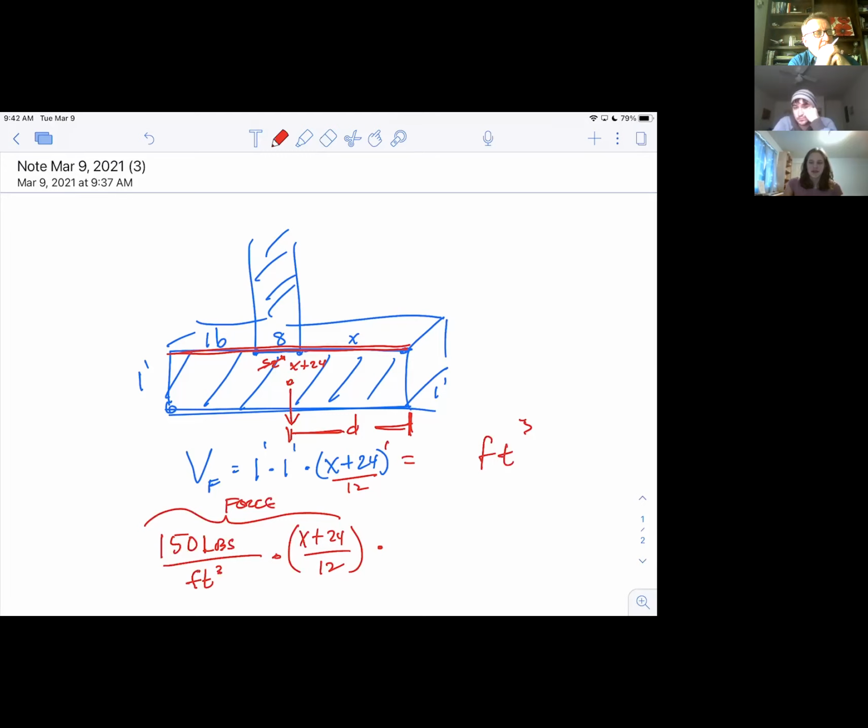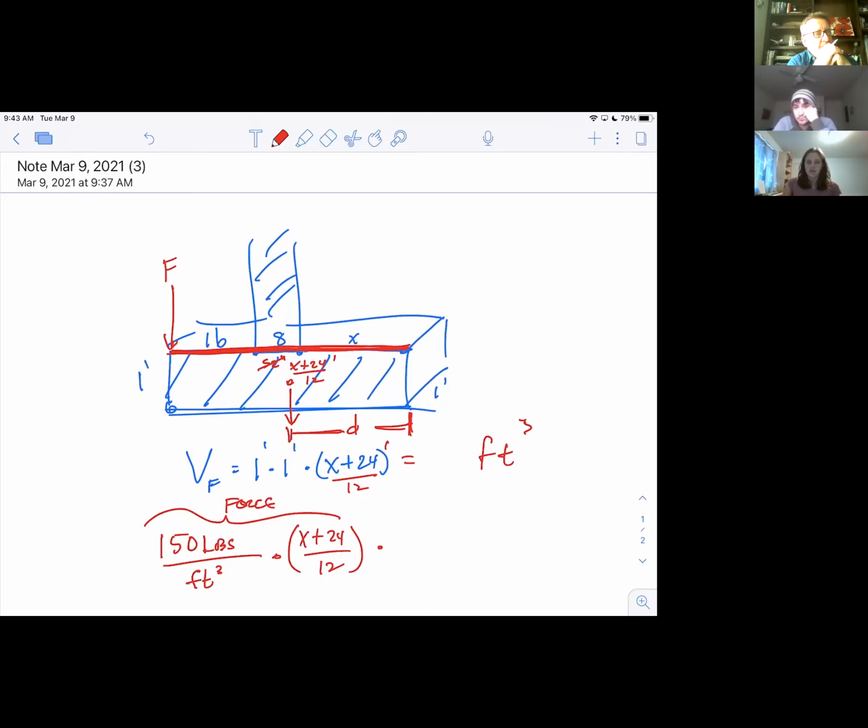I don't know what you mean. You just said x plus 24 over 12 is your distance, but isn't this whole distance right here x plus 24 over 12 feet? I mean, that's if you want it to be in feet. In other words, you made the distance all the way to here as though the force of the concrete is acting at the end of the concrete, not in the middle.